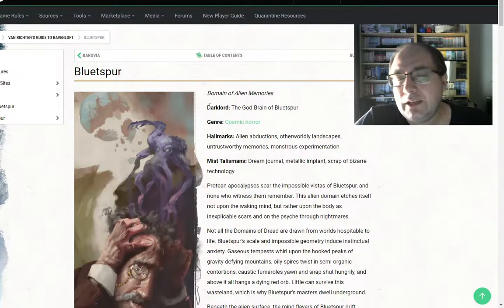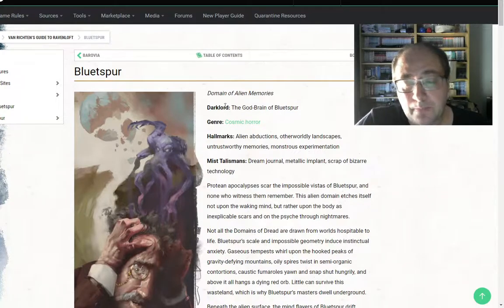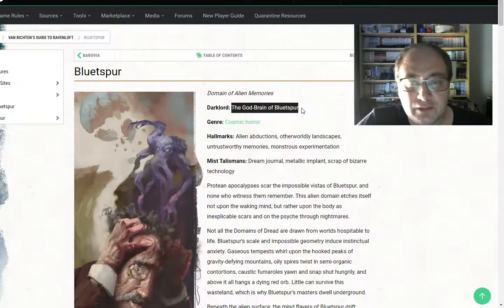And this domain has not changed very much, which is both its strength and its weakness, in my opinion. So, for starters, its Dark Lord is the God Brain of Bluetspur, and the God Brain is basically an Illithid Elder Brain, a Mind Flayer brain, which has actually been exiled and cast out by other Elder Brains. Sorry, not God Brains, but other Elder Brains.